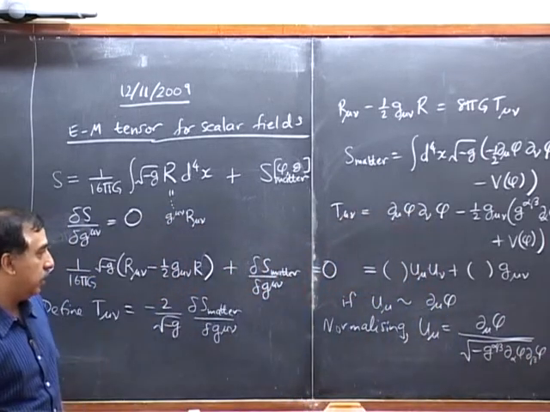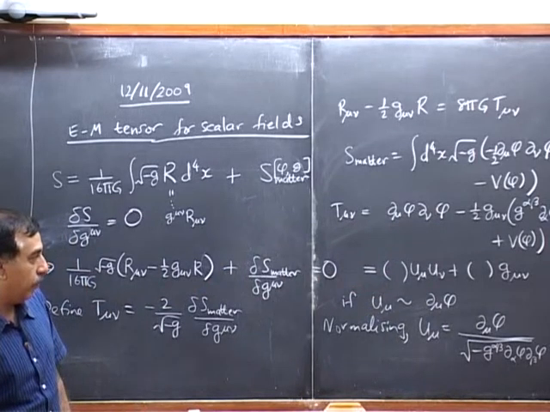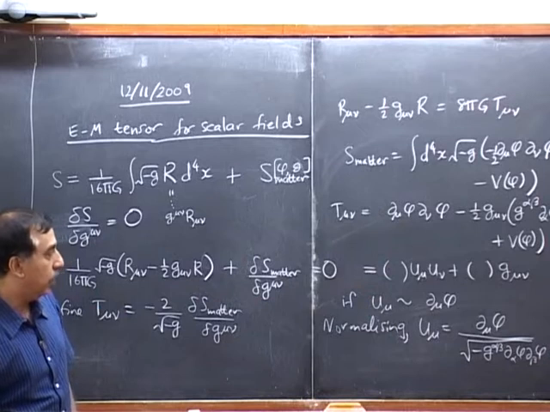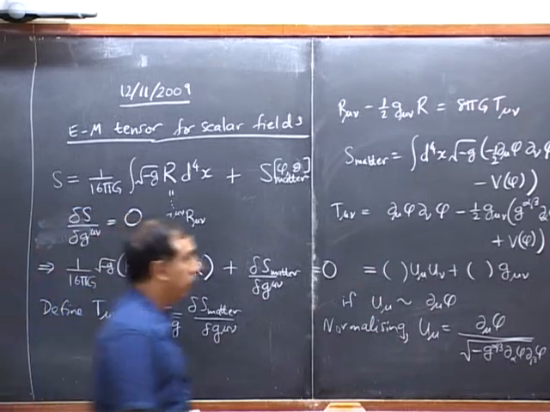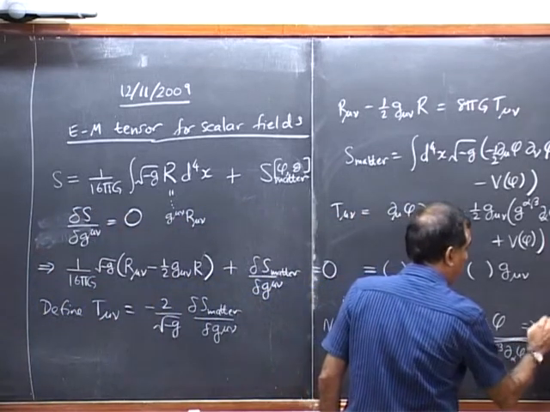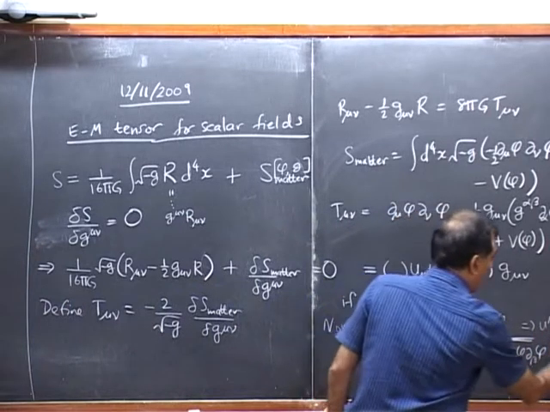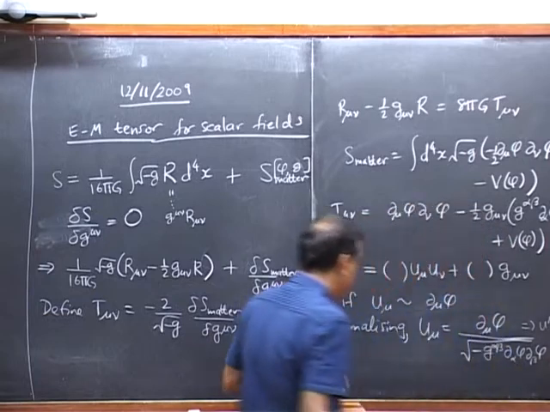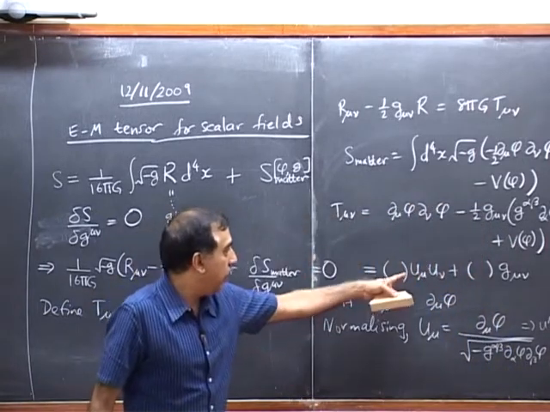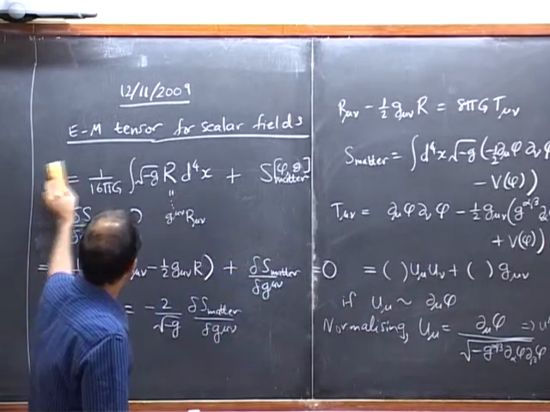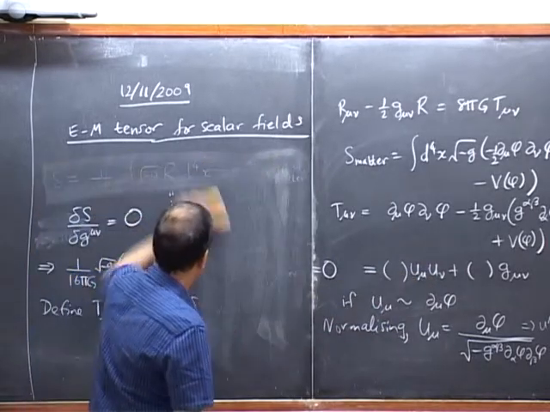With this normalization, if I take u mu and contract it with another u mu, I'll get minus 1. Only after I have normalized it in this way, then I can ask what's the coefficient of u mu u nu in this expansion.